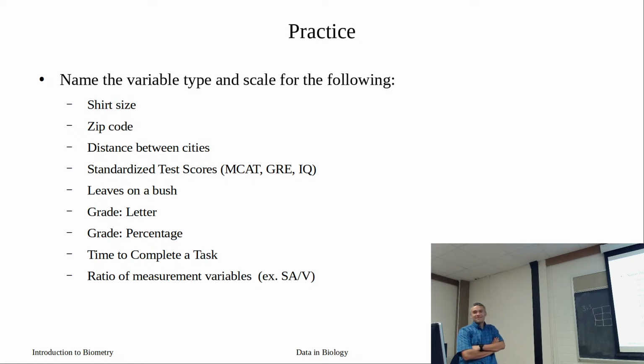IQ, you can think about, well, what's the lowest IQ? You come up with the person that people have found to have the lowest IQ, but there's really no 0 point on it. Standardized test scores tend to be arbitrary because they're scaled based on how many individuals took the test at that time.